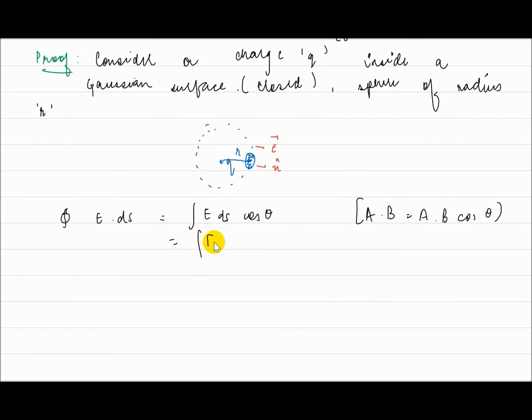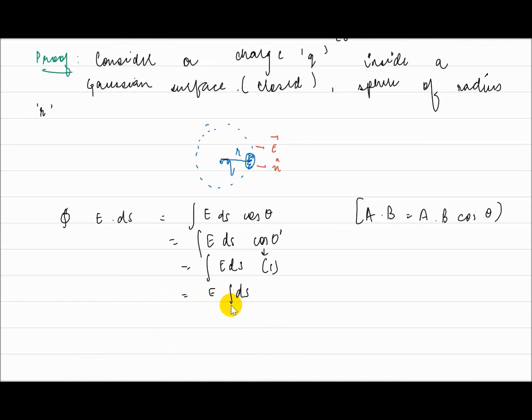So E ds cos 0. As we can see, the angle here is 0, which is equals to E ds into 1. Cos theta is equals to 1. And we know the electric field is constant.